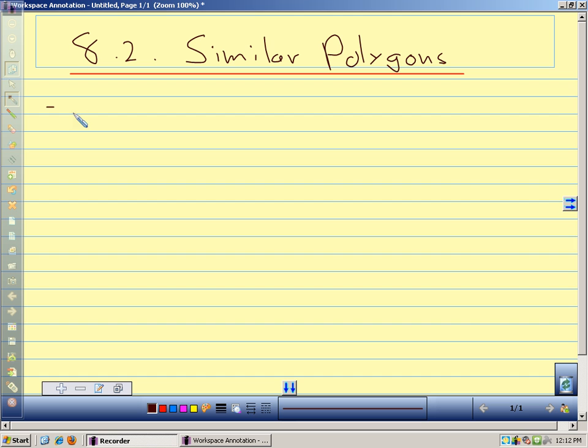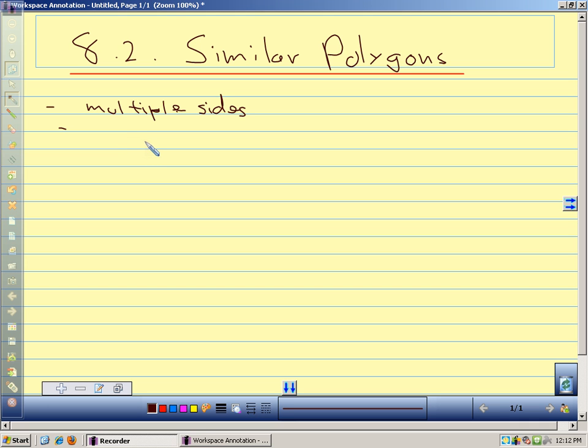So polygon, what is a polygon? It's a shape, yes. What's special about it? Multiple sides? And polygons, what kind of things are the sides of polygons?